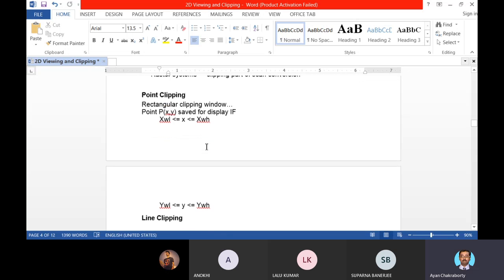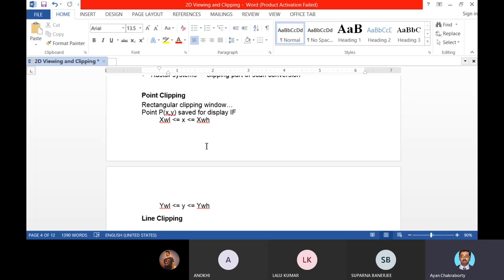So now, first we will start with the basic clipping algorithm, that is point clipping. We start with point clipping because if we can clear this out, we can apply it to any kind of complex or combined geometrical shapes, like complex polygons or any irregular shape. So point clipping is the basic or naive algorithm for clipping.